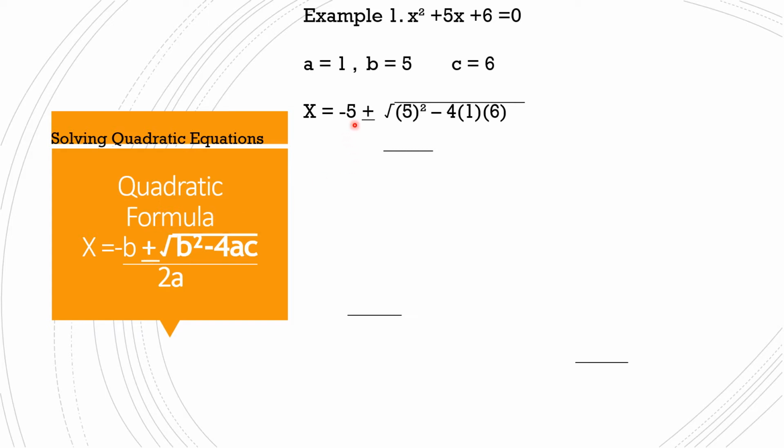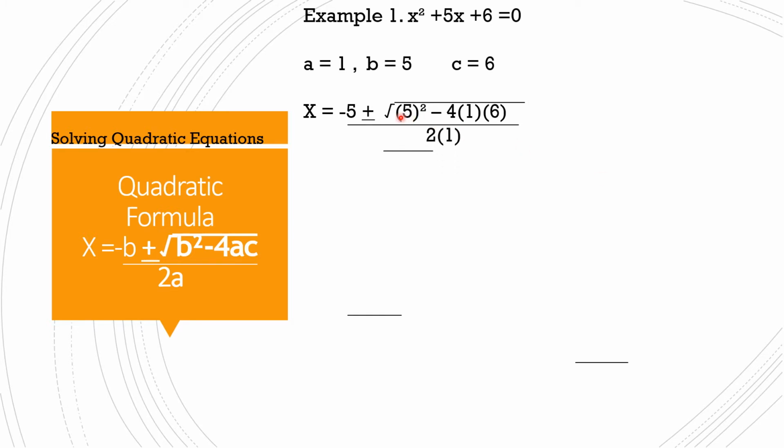So negative 5, because negative b, and b is 5, plus minus, then square root of what? 5 squared, that is b squared, minus 4 times a, which is 1, times c, which is 6, all over 2a, and that is 2 times 1.